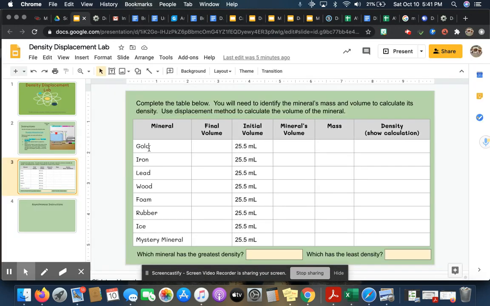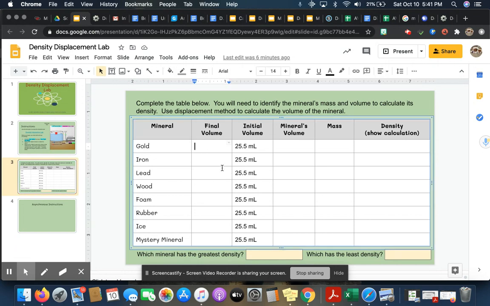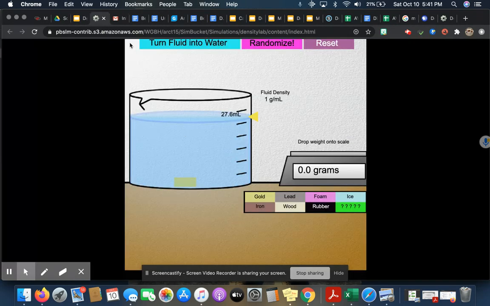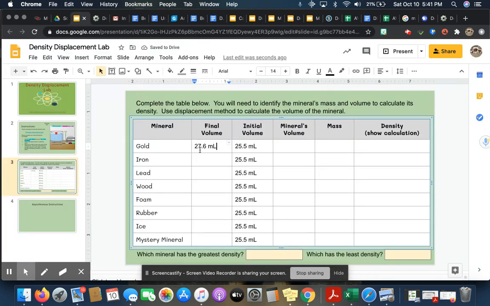I'm going to come back to my lab, come to final volume, gold, and type in 27.6 milliliters. I'm going to double check to make sure I got that right. 27.6, 27.6. Wonderful. Then I'm going to be able to determine the mineral's volume by subtracting 27.6 minus 25.5.